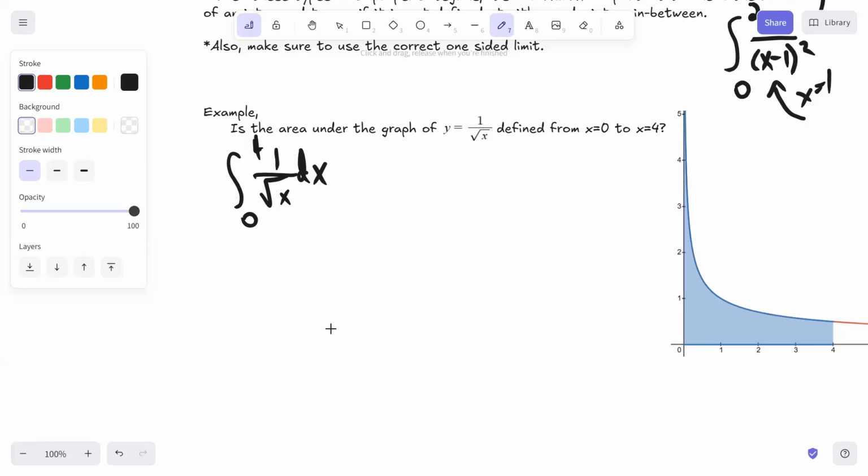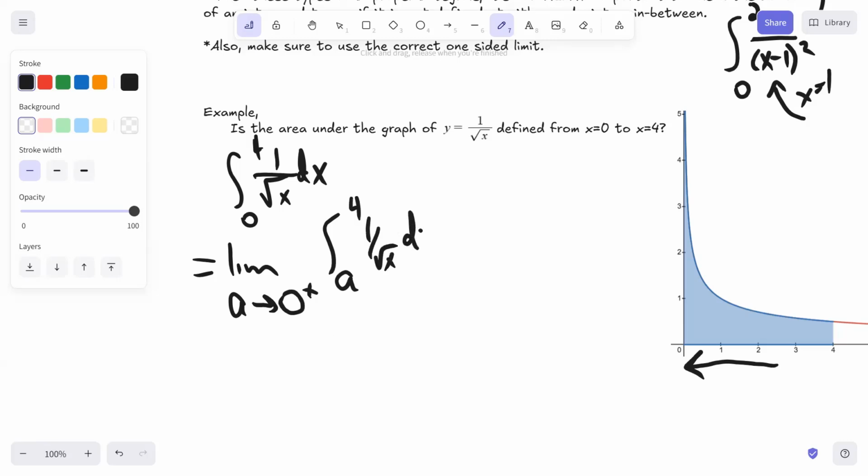The function is undefined at 0, so we're going to have to rewrite this as the limit as a approaches 0 from the right-hand side, so you need to make sure you do a one-sided limit there, of the integral from a to 4 of 1 over root x dx.